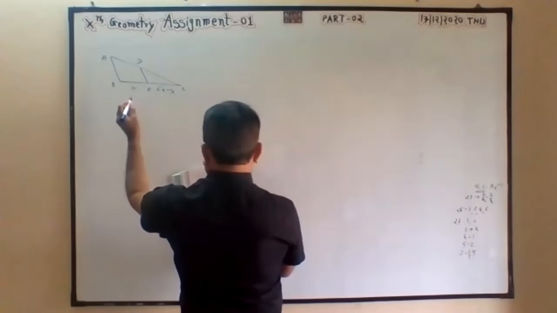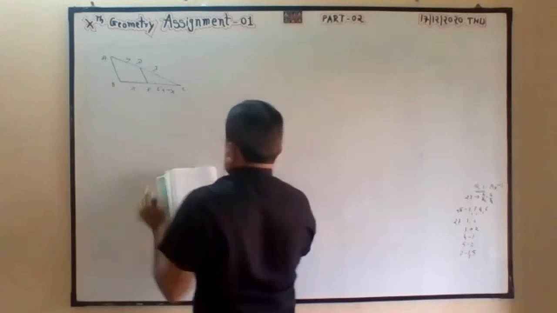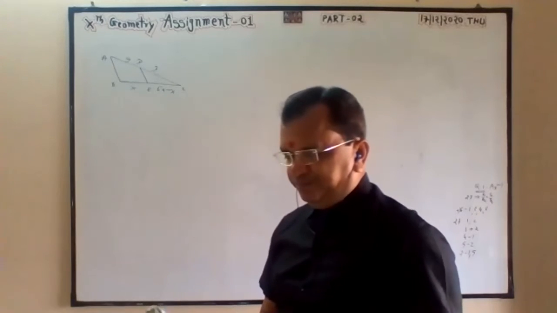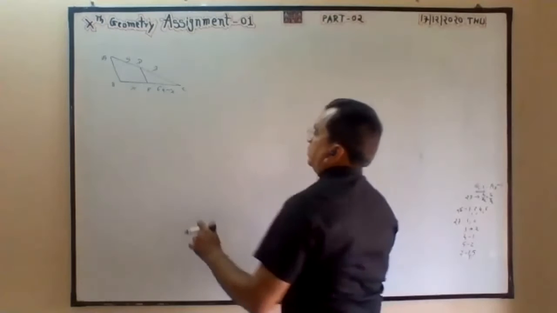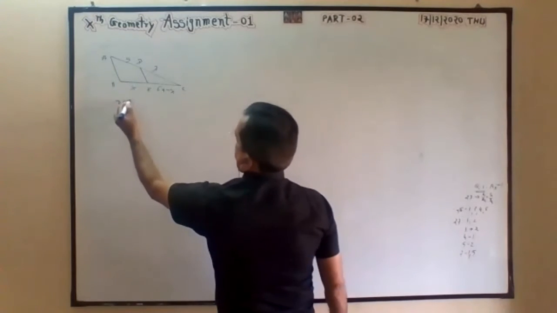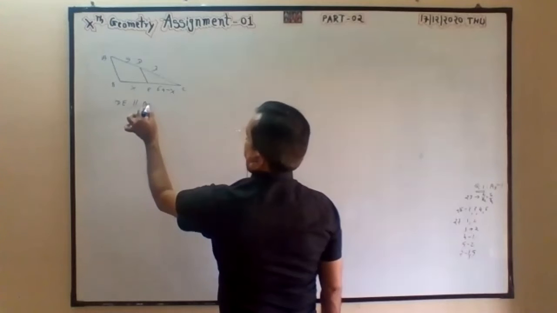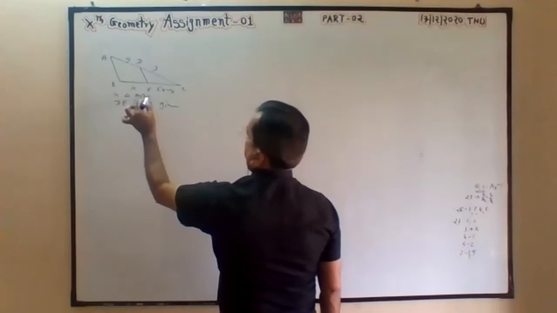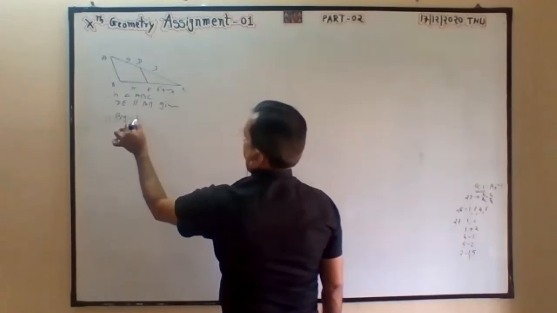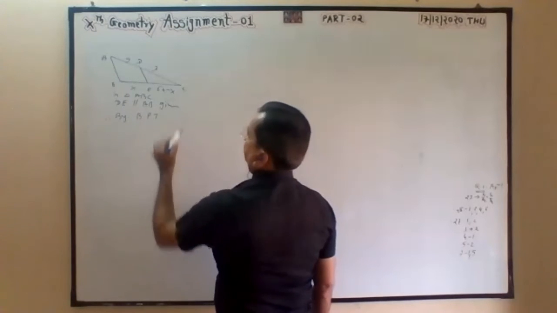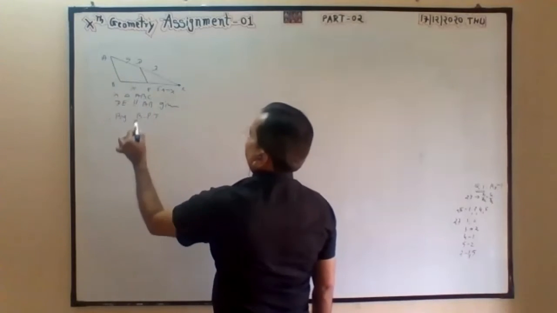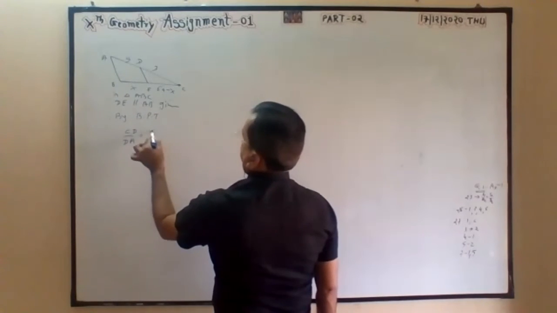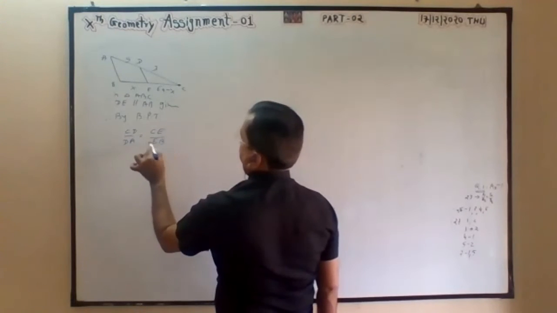6.4 minus x, this is x, this is 5, this is 3, and it is given parallel. So DE is parallel to AB in triangle ABC. Therefore, by the basic proportionality theorem, we write CD by DA equals CE by EB.